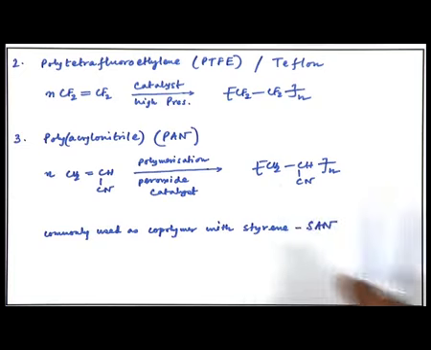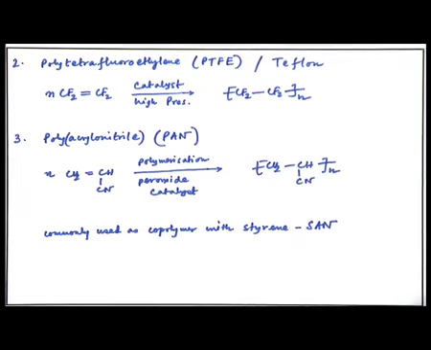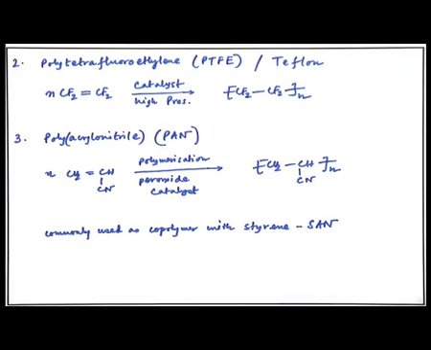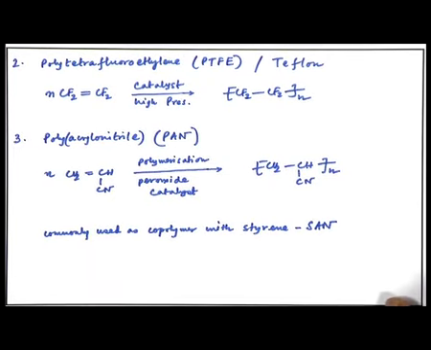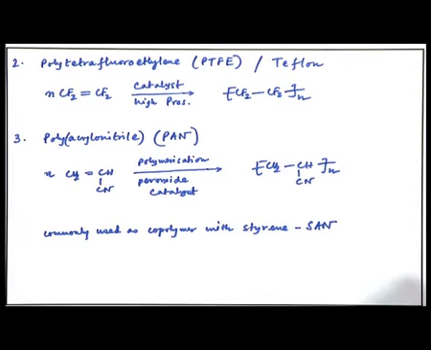As I also mentioned in the last lecture, polyacrylonitrile is often not used as a homopolymer. Generally, it is used along with styrene to make styrene acrylonitrile copolymers, which are used more frequently than the homopolymer.